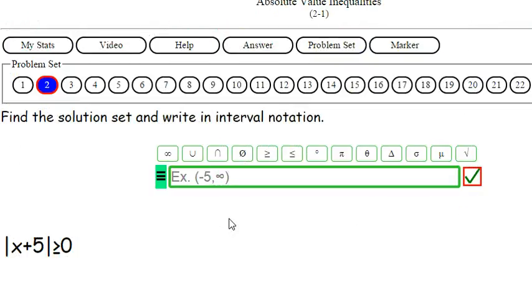Okay, so it says find the solution set and write it in interval notation, and that's what we're going to do. So we've got the absolute value of x plus 5 is greater than 0. I got to write that down.